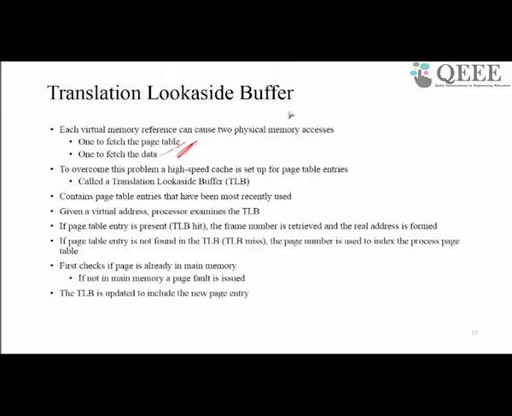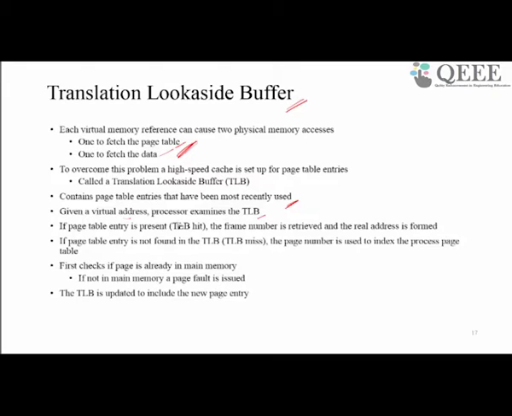Such a high speed memory holding some of the recently found mappings of the virtual page number to physical page number is what is called the translation look-aside buffer. So it contains the page table entries that have been found recently. It has the virtual page numbers and the physical page frame number mappings.